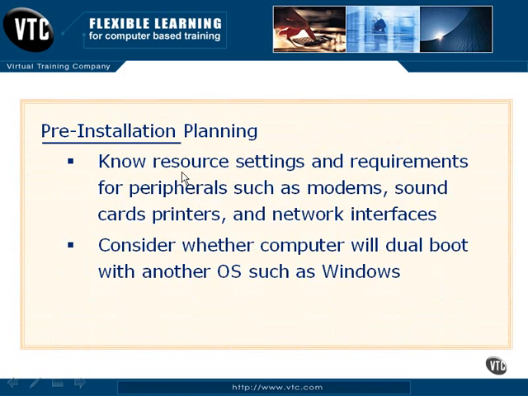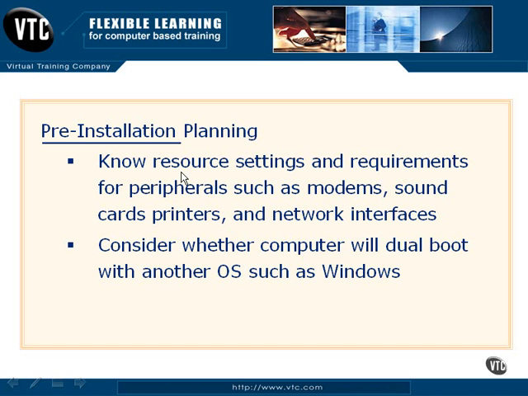You should also be very familiar with the hardware resource settings. These are going to apply for various peripheral devices and core devices that will be needed for your operating system to function. The test, or the LPI exam, is definitely going to require that you be familiar with the various resource settings. And this information is actually pretty easy to obtain.